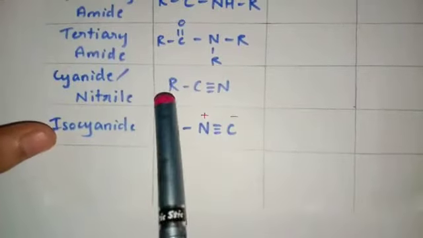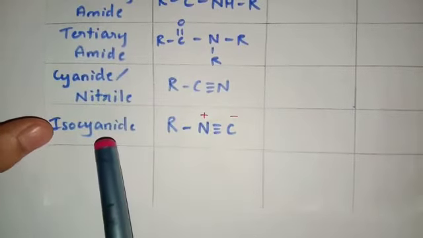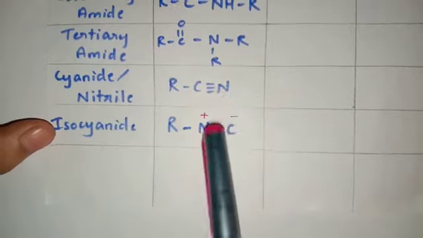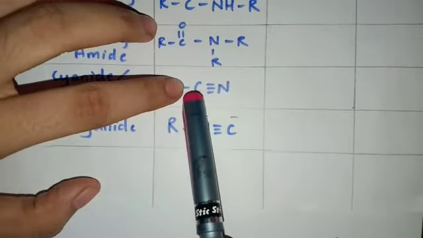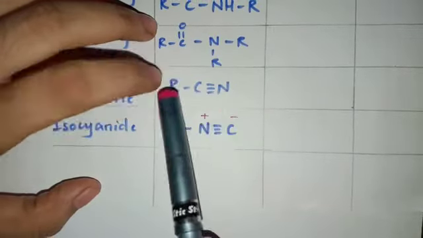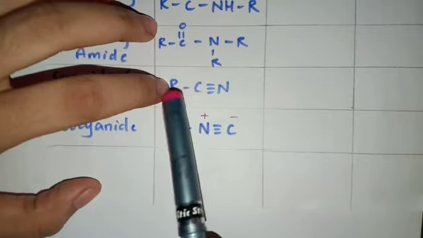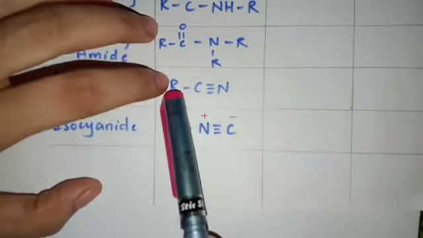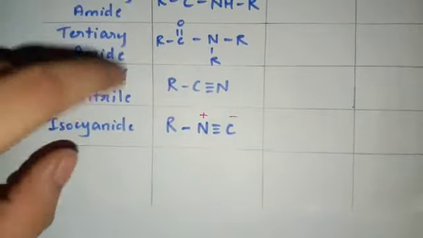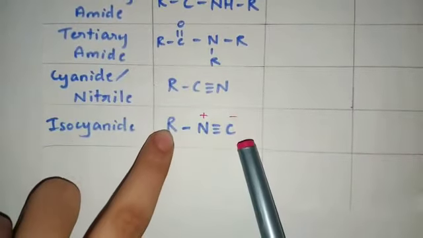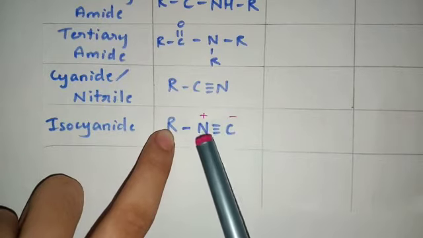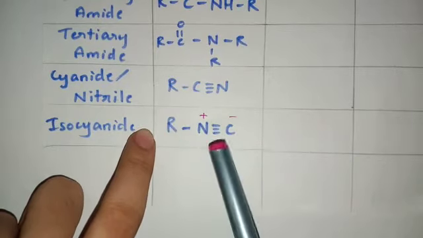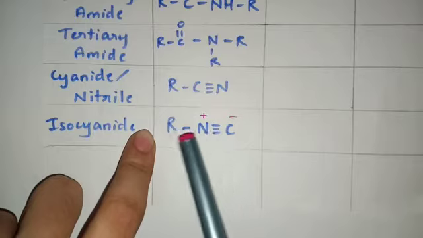Similarly to cyanide, we have another compound known as isocyanide, but there is a difference. In cyanide, the alkyl group is attached to the CN group with the help of the carbon atom. Whereas in isocyanide, this functional group is attached to the alkyl group with the help of the nitrogen atom.